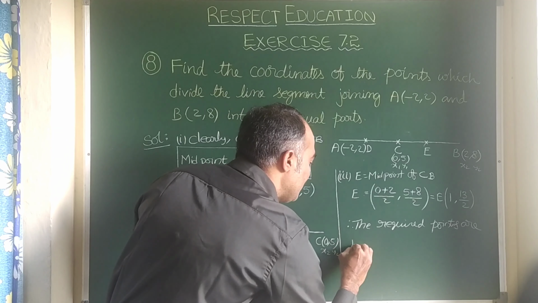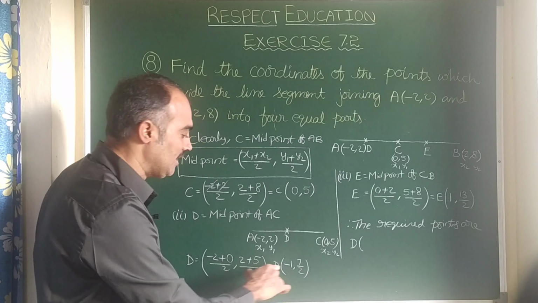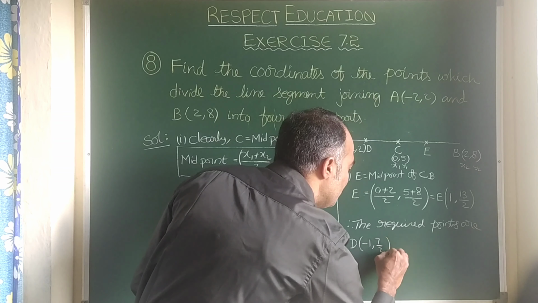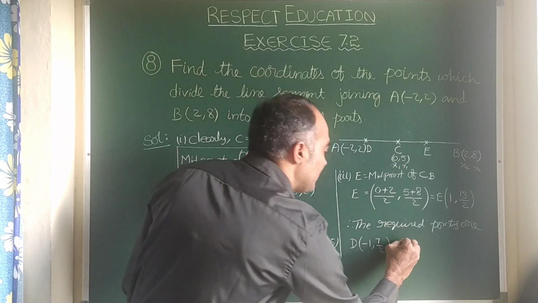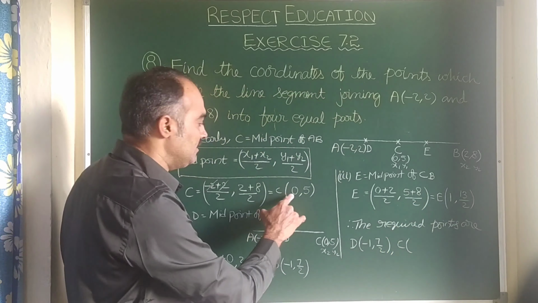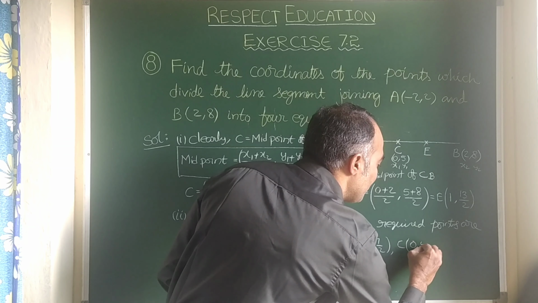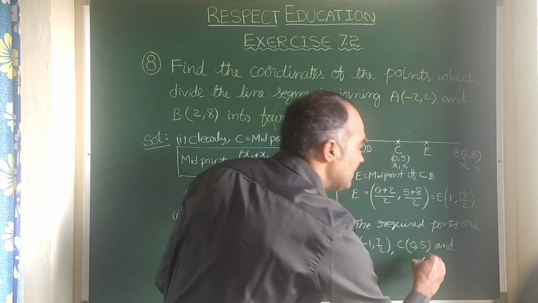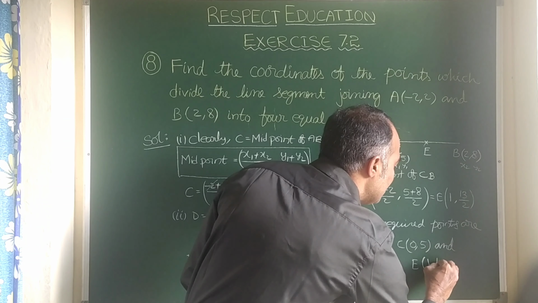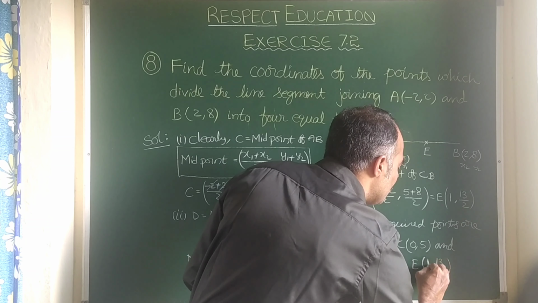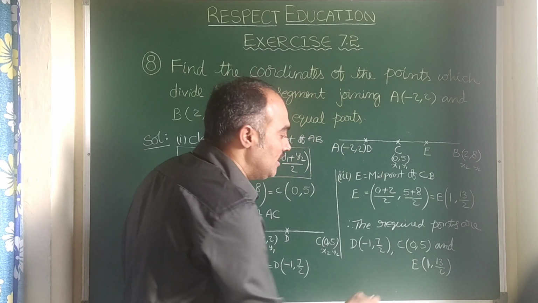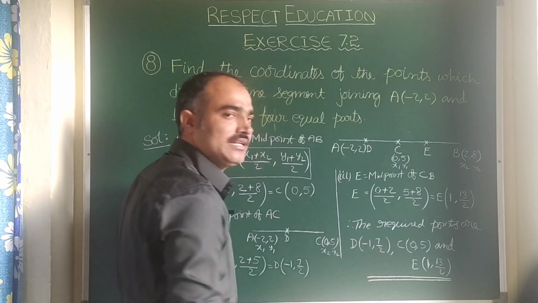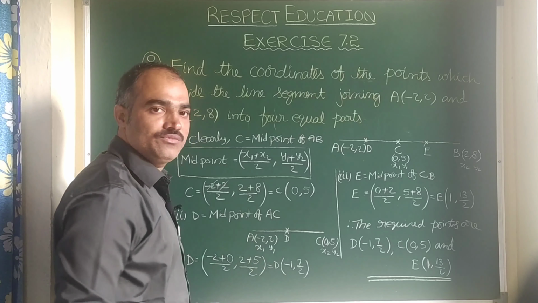First one D, that is, how much we got here, (-1, 7/2), comma, next C. C is (0, 5), and the third point is E, that is (1, 13/2). These 3 points are the required points and this is the final answer for question 8, right?